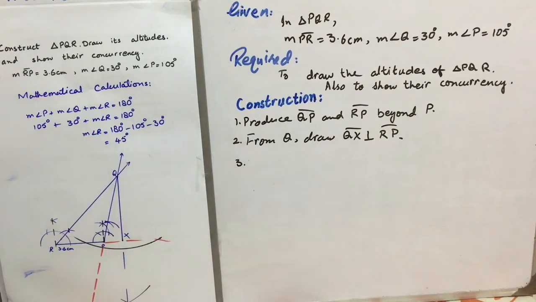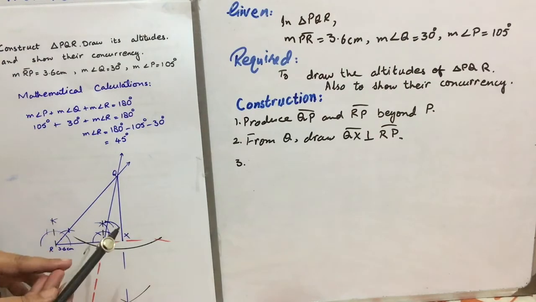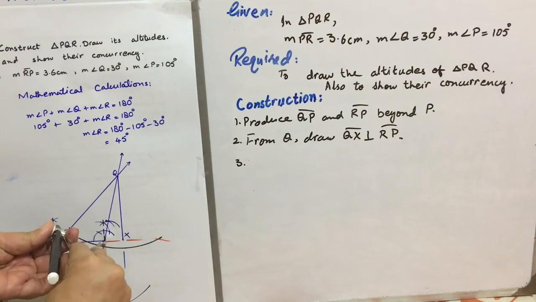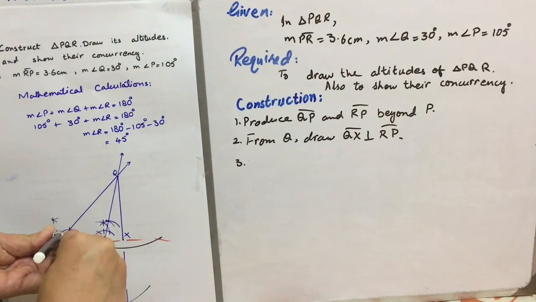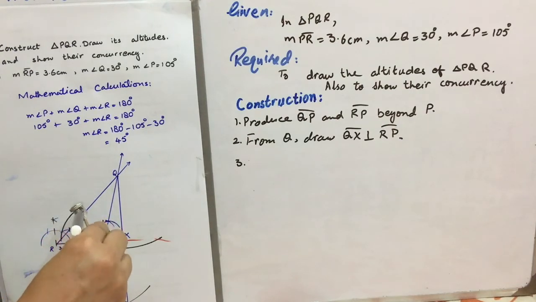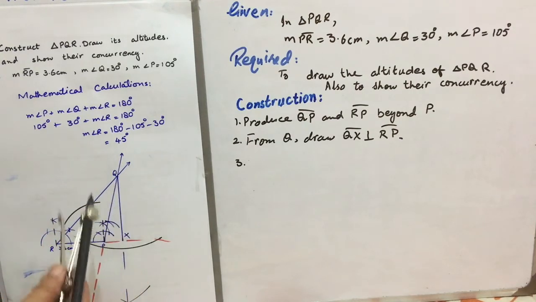In step number 3, I will keep the needle of the compass at point P and again mark an arc at RQ.